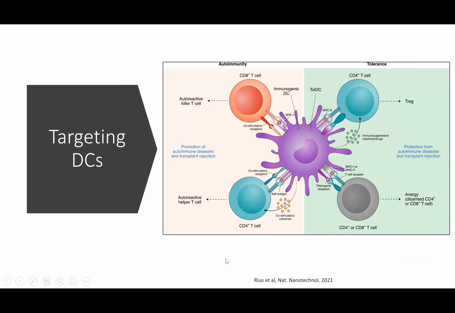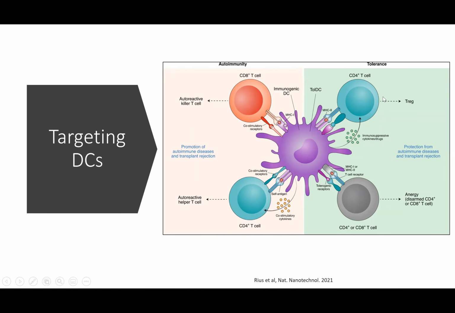Also, for the dendritic cells, we will use some engineering tools to maintain the dendritic cells in their mature, activated, antigen-presenting state. So the maturation of dendritic cells will help to activate both CD4 helper T cells and also CD8 positive T cells.